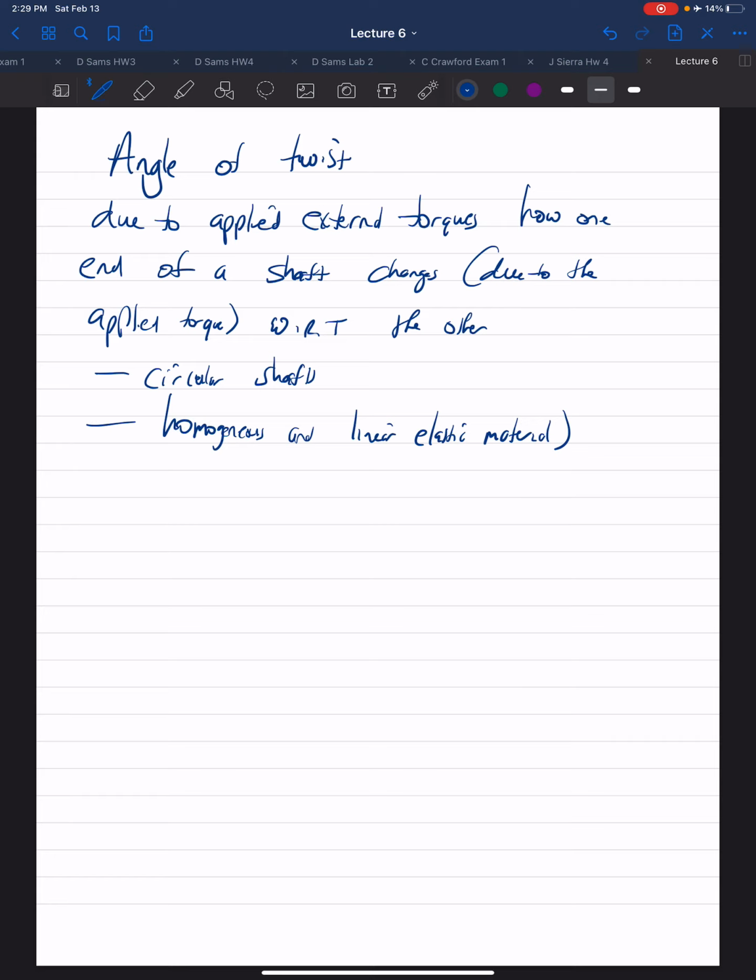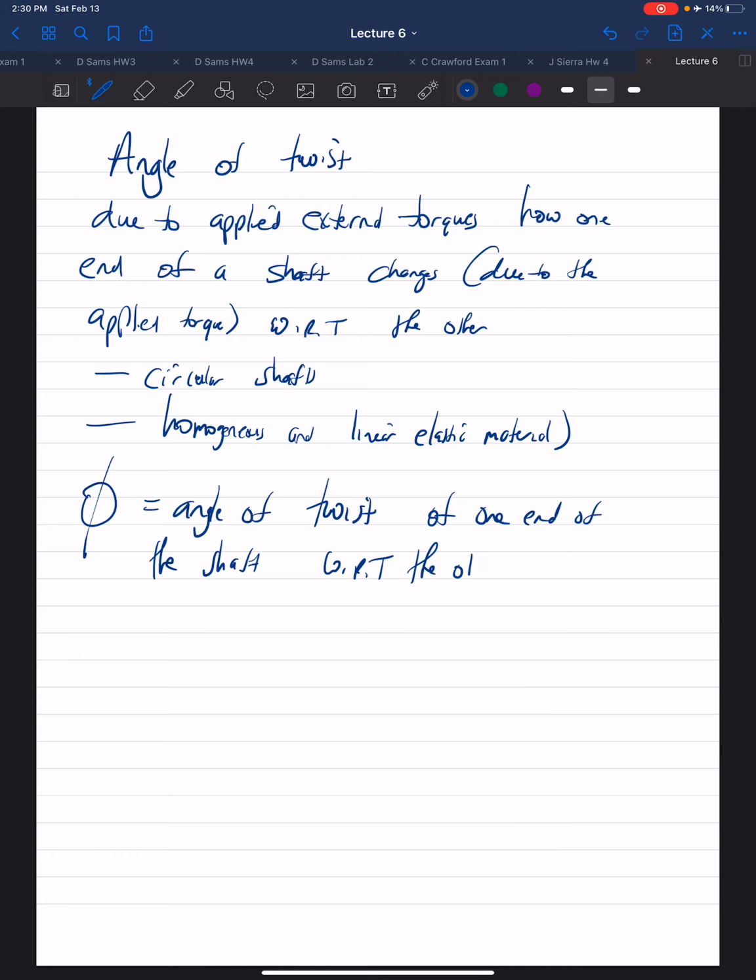So the angle of twist is defined by the symbol phi. This is the angle of twist of one end of the shaft with respect to the other. And this is in units of radians. You have your T, which is your internal torque.